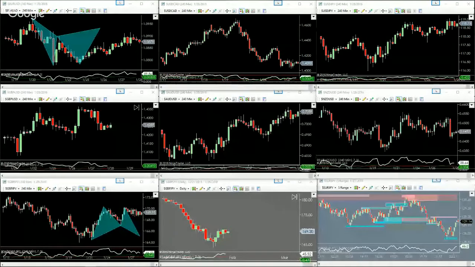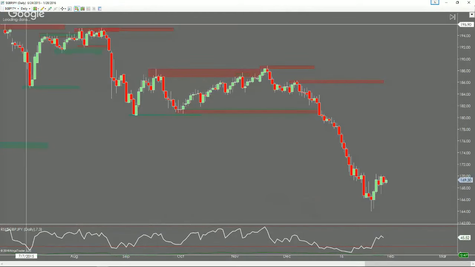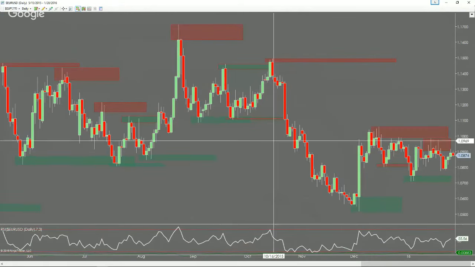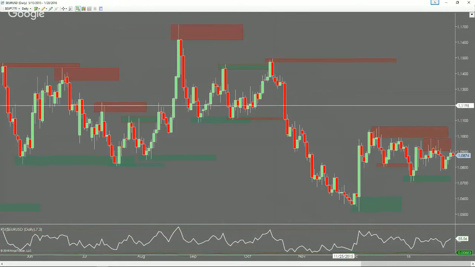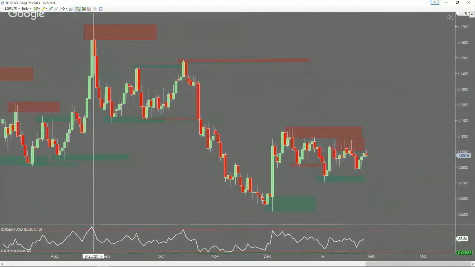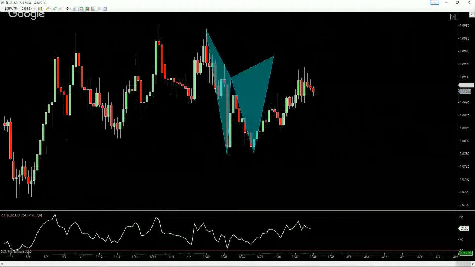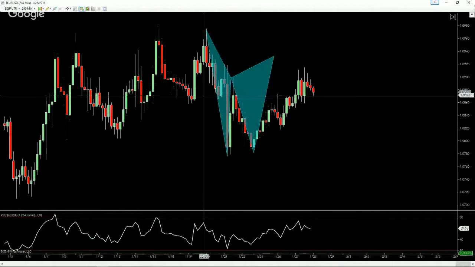All right, let's start with the euro dollar. What we have here is still about the same, still not making any highs from that daily chart. Let's go to the 240. On the 240, I believe we still have a Gartley.